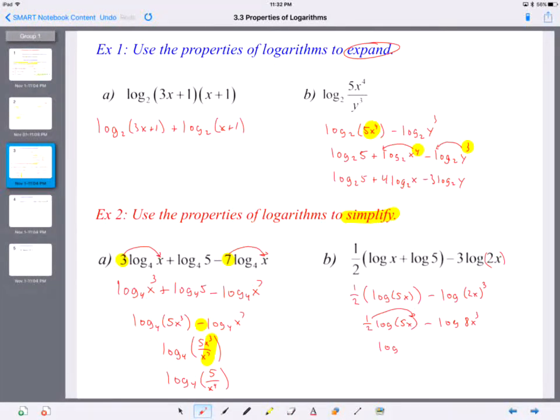So it's log of 5x to the 1/2 minus log of 8x cubed. And then now we have subtraction, so we'll change it to division and go to a single logarithm, log, and then we have 5x to the 1/2. Now 5x to the 1/2, 1/2 is actually the square root, so I'm going to go ahead and change it to the square root of 5x over 8x cubed.